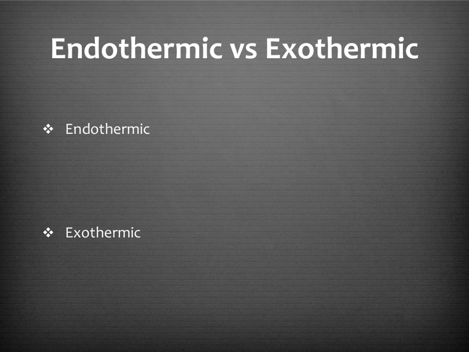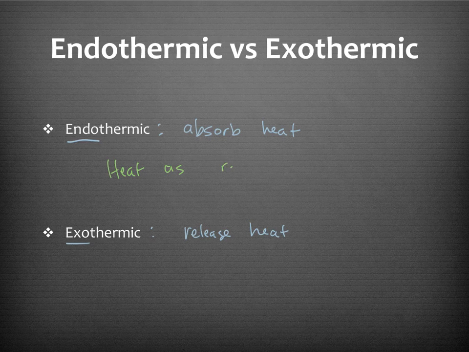All right, endothermic versus exothermic. These describe different processes, whether it's absorbing or releasing heat. Endothermic here, endo means to absorb heat, versus exothermic is to release heat. Think about exhaling. You're releasing air. Now, how would this look in terms of a reaction? So in terms of a chemical equation, you would probably see heat as a reactant. Heat as reactant.